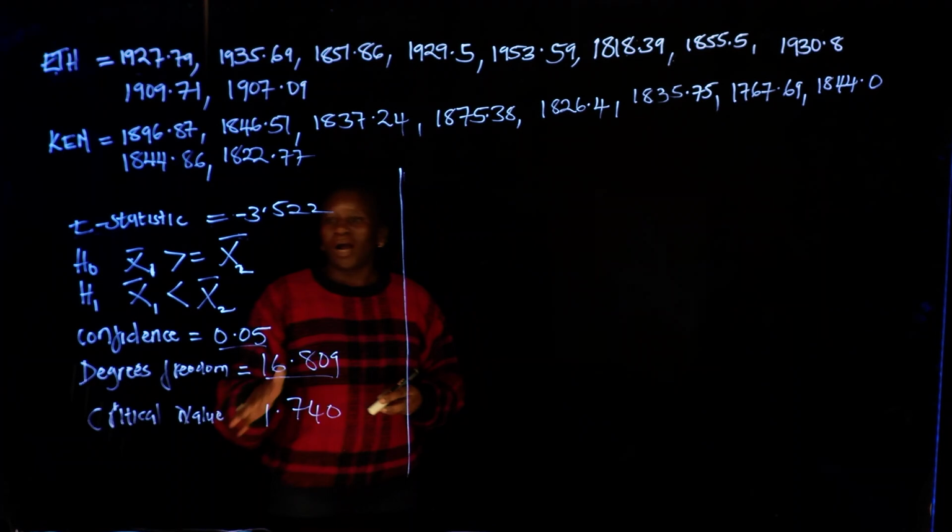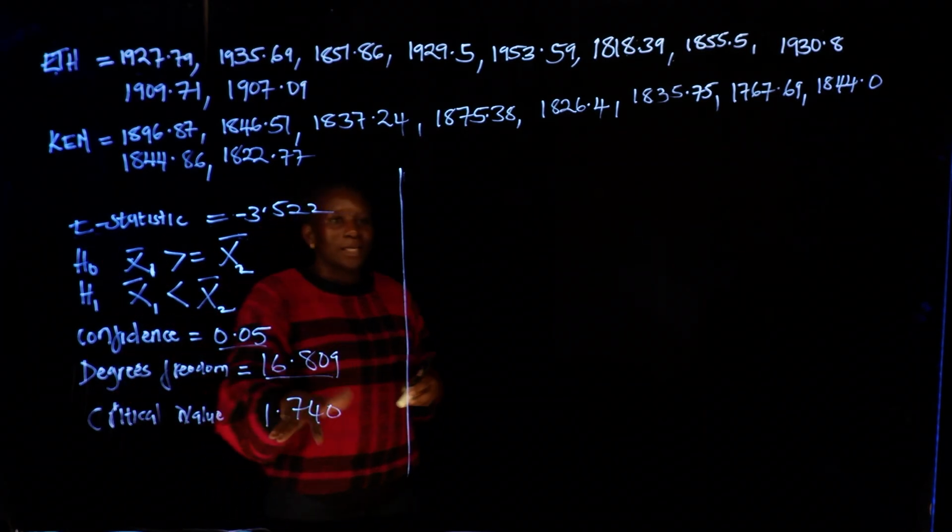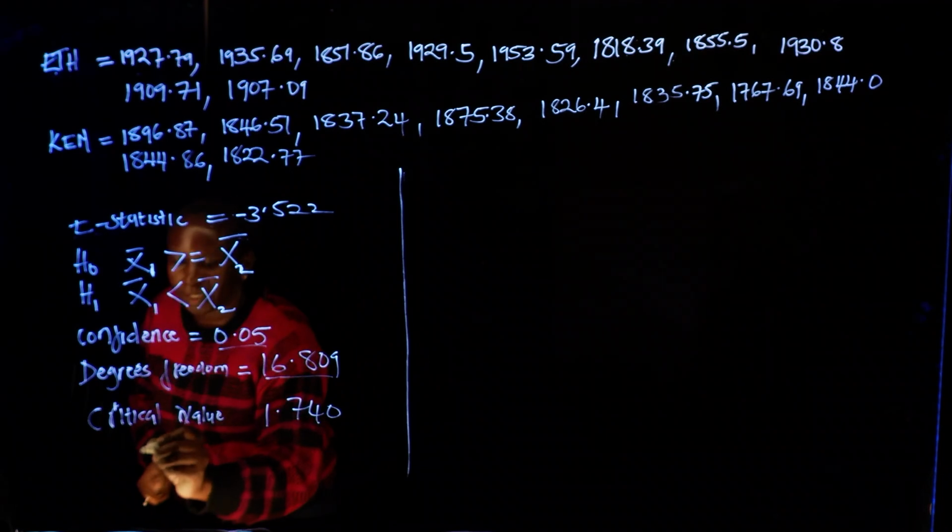So if our T-statistic is less than the critical value, that's when we reject the null hypothesis.